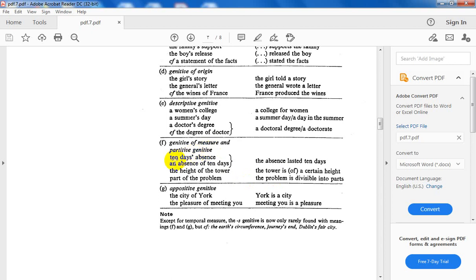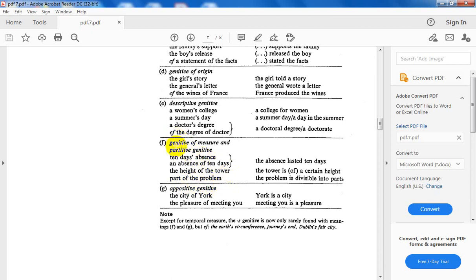Genitive of measure and partitive genitive. Ten days' absence. Now both of them are supposed to be inanimate, but they take the S genitive. An absence of ten days, at the same time it takes the two forms. The height of the tower, part of the problem.